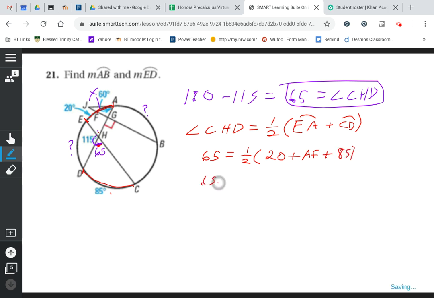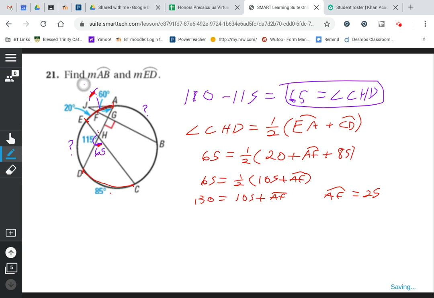So here we go. 65 equals 1/2 (105 plus AF). To solve for AF, I'm just going to double each side. So this is going to be 130 equals 105 plus AF. And so we see that AF equals 25.